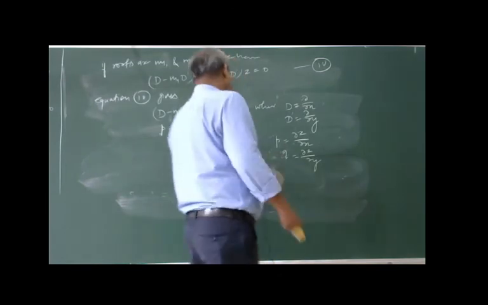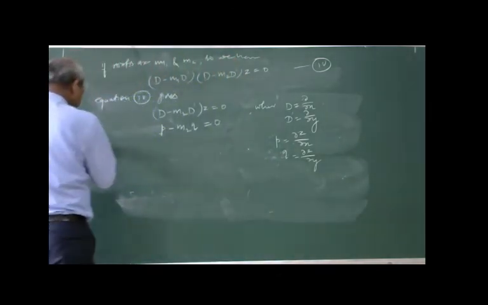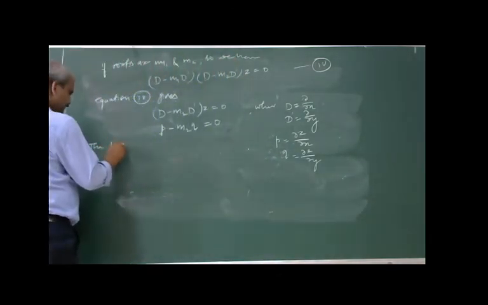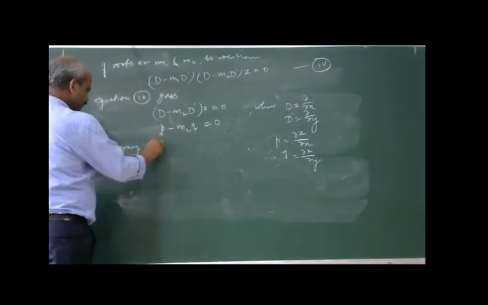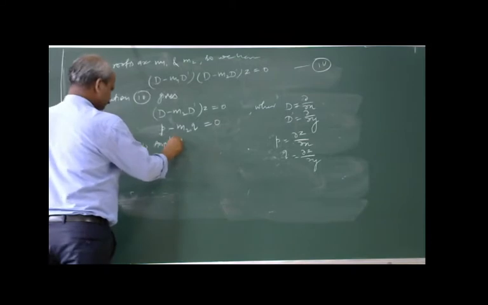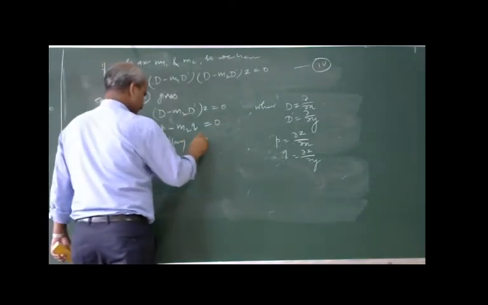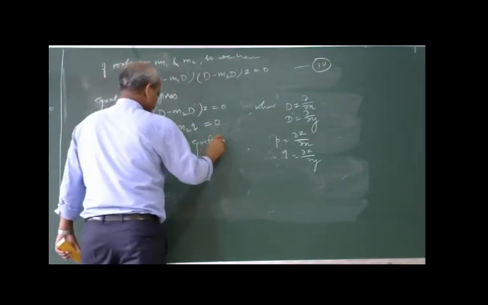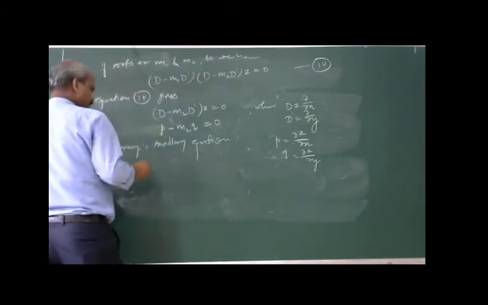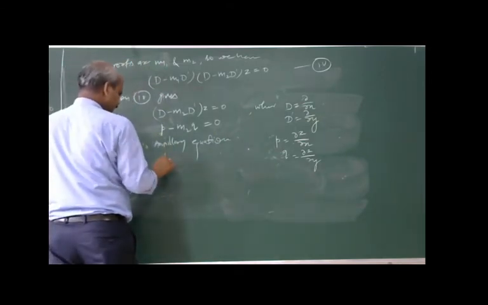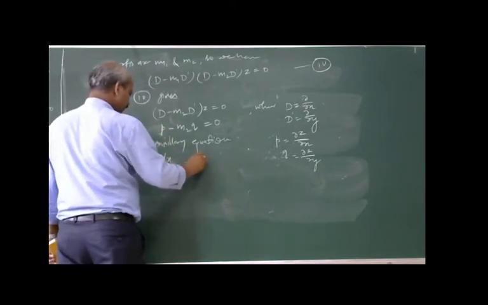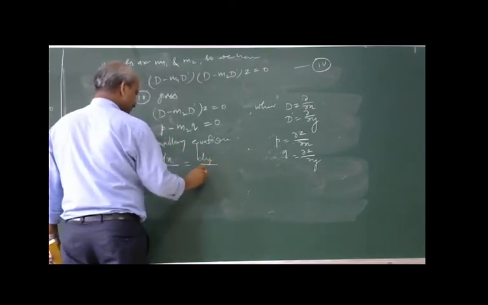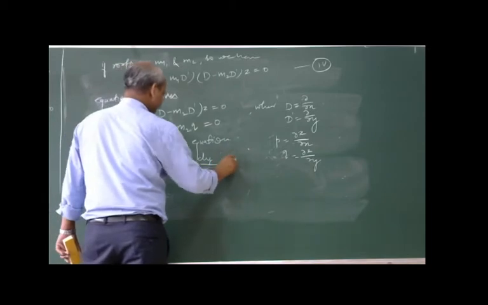Its solution can be obtained by the Lagrange's auxiliary equation. Lagrange's auxiliary equation means that dx by 1, the coefficient of this being 1, dy by minus m2 and dz by 0.